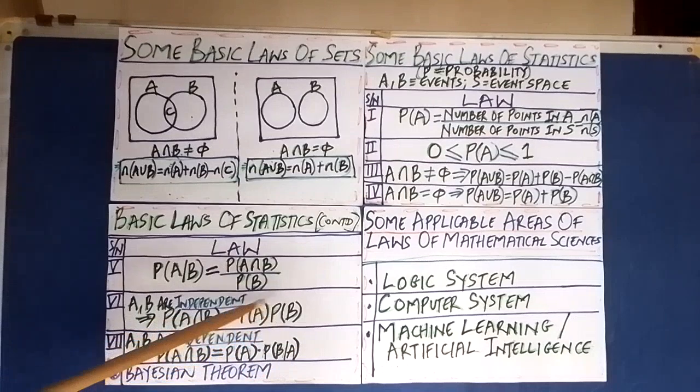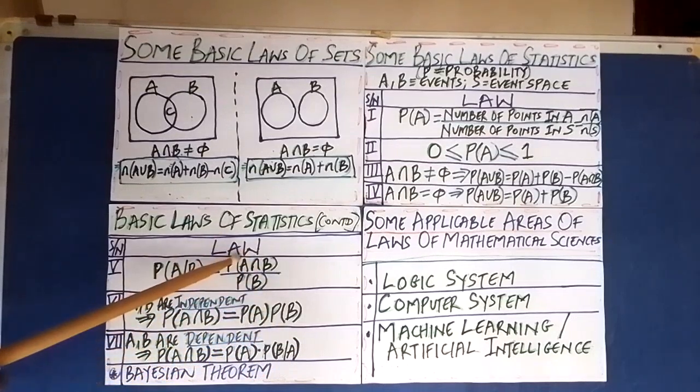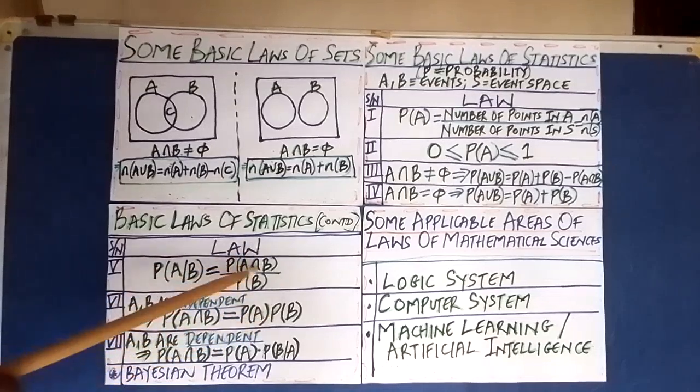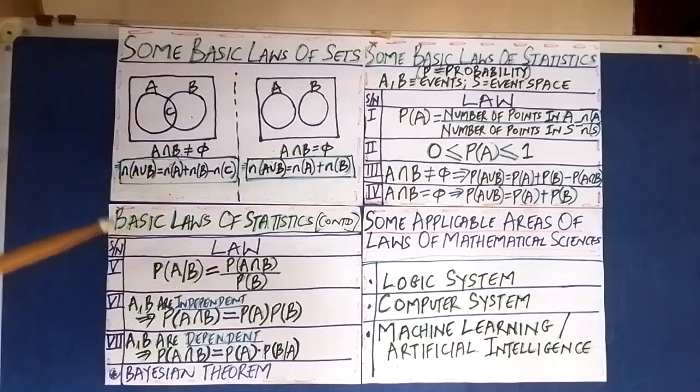When A and B are independent, you substitute this here, and when A and B are dependent, you substitute this here.